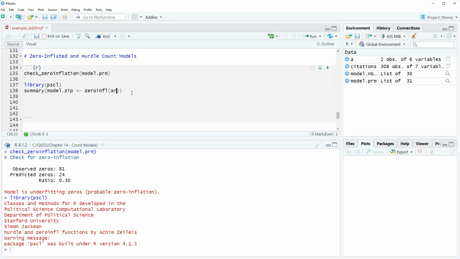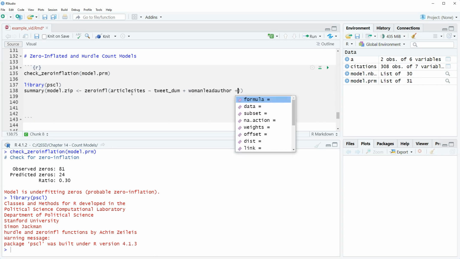So we're going to do article cites, this is our outcome variable, and then tilde, and then tweetdom plus woman lead author plus full prof. That is our count part of the equation.